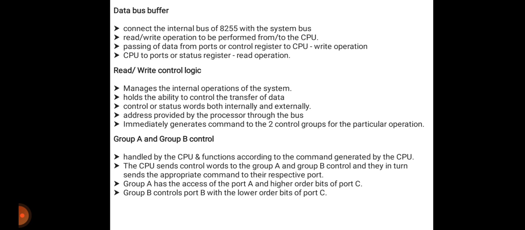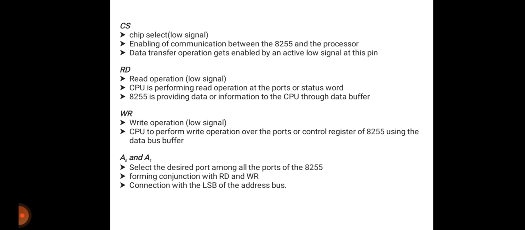As we have discussed, group A has access to port A and the higher order bits of port C, while group B controls port B with the lower order bits of port C, as we can show in the architectural diagram.